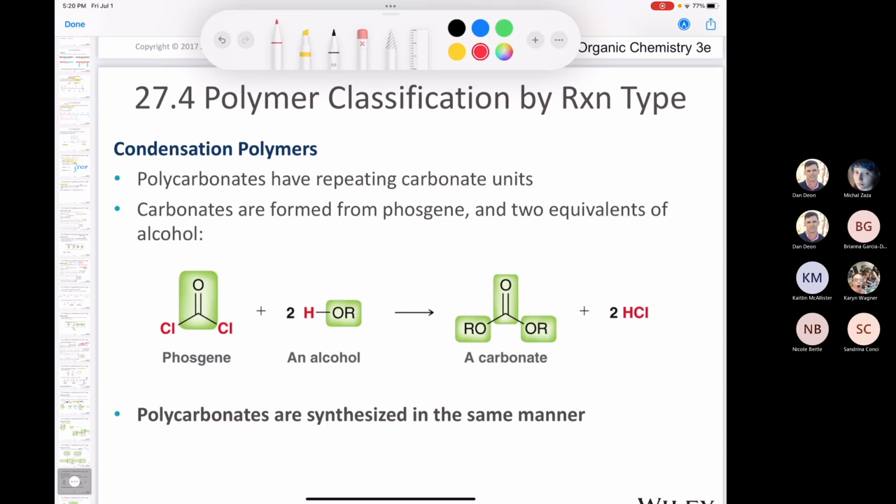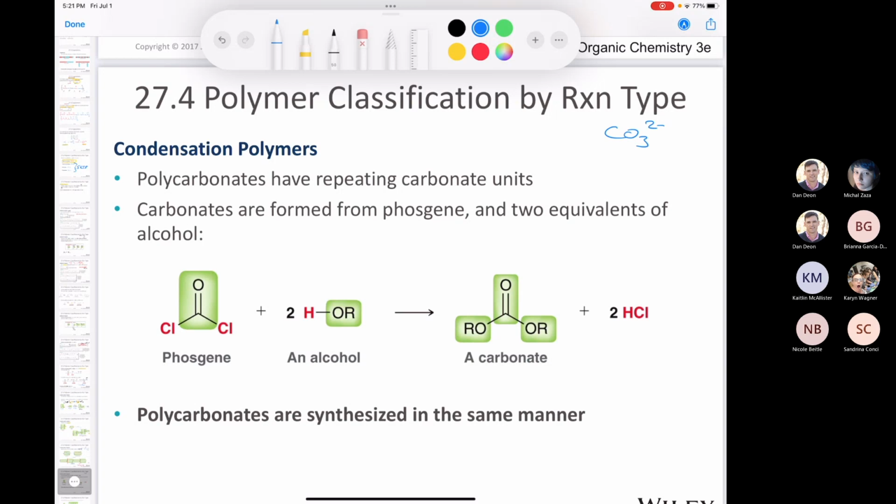And if you're like, what the heck's a carbonate, Mr. Dion? Well, a carbonate is a new functional group. It's the last functional group you're going to learn in this class. However, hopefully you remember the carbonate ion from Gen Chem, well, from Gen Chem 1, 2, organic 1, 2. The carbonate ion is CO3 2 minus.